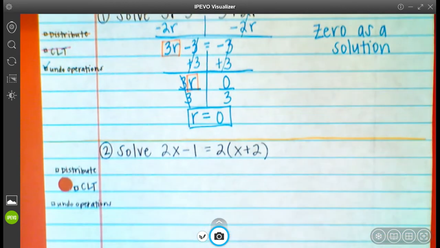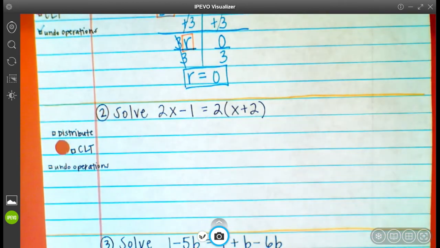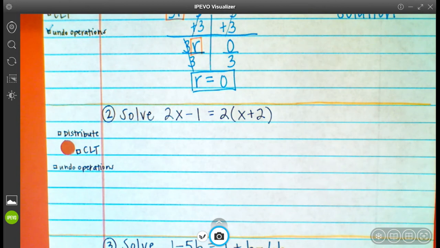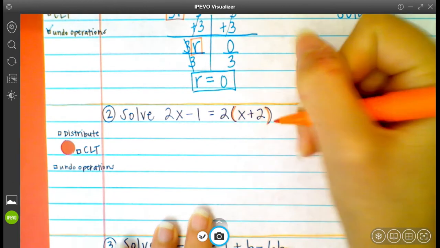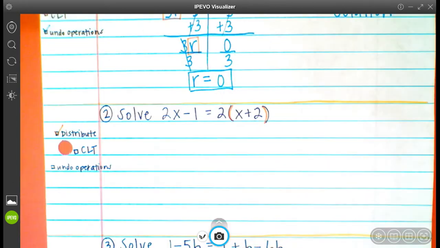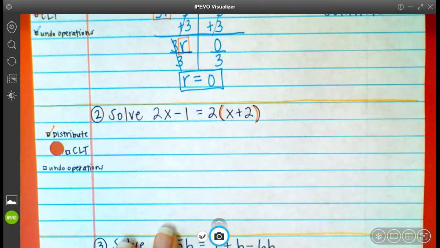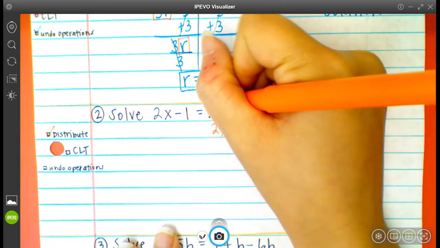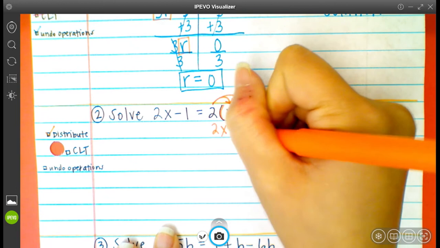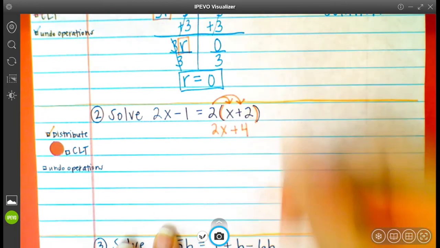Feel free, you can pause the video and write as we go as well. All right, so number 2, it's screaming at me. I see parentheses. So as soon as I see parentheses, you know you must distribute to make this easier. So let's distribute. 2 times x is 2x, and 2 times positive 2 is positive 4.